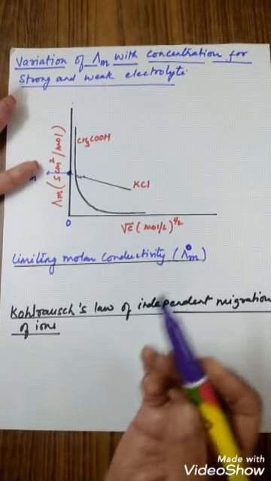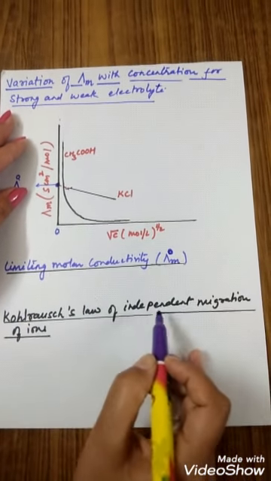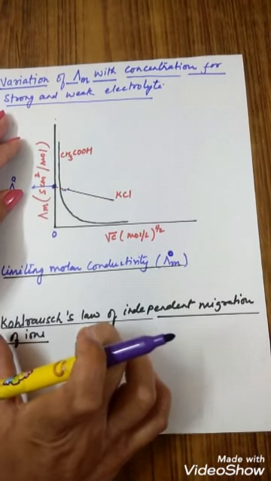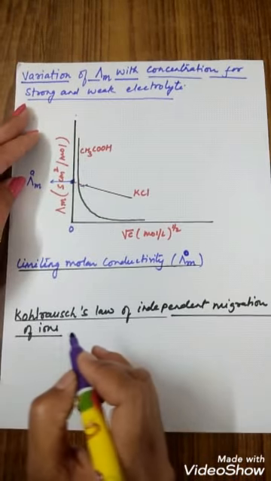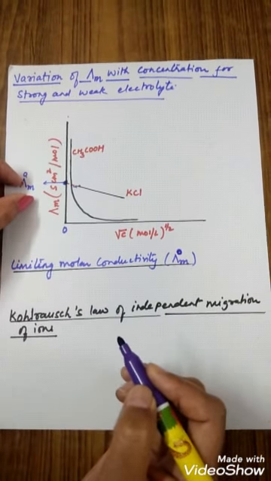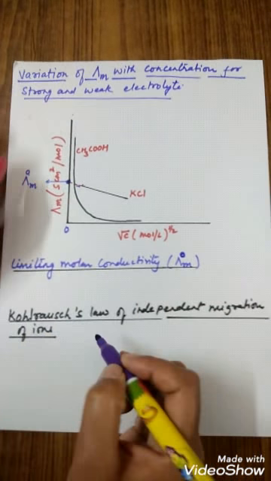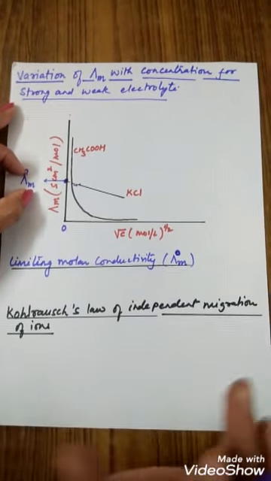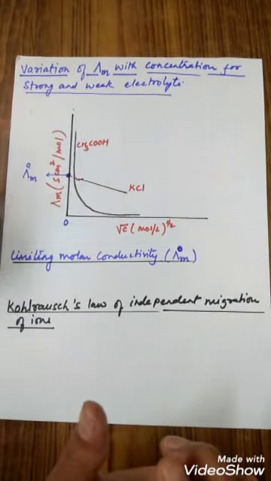Now we will see a very important law, that is Kohlrausch law of independent migration of ions. The law is simply called Kohlrausch law also. Kohlrausch found the value of lambda m naught, that is limiting molar conductivity, of many strong electrolytes. Why not weak? Because weak cannot be obtained by graphical method.